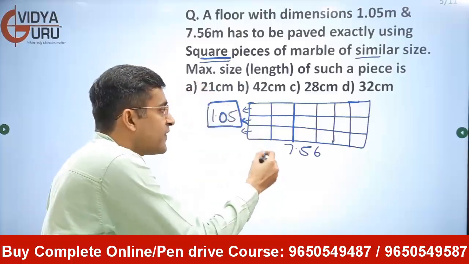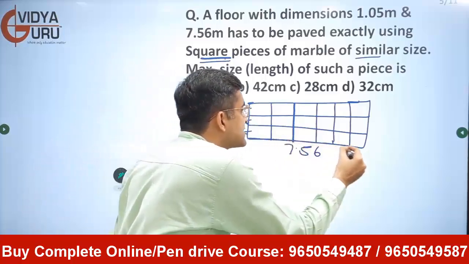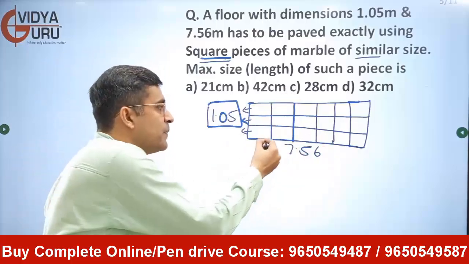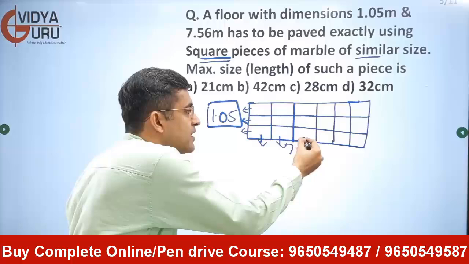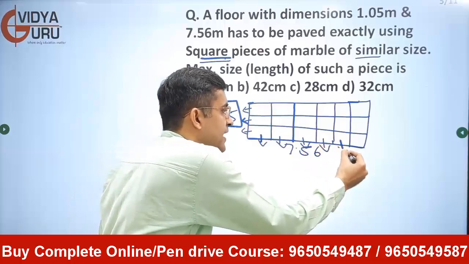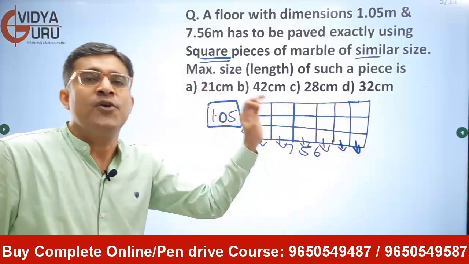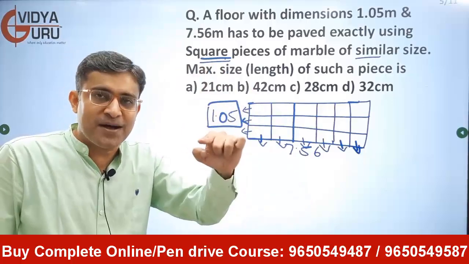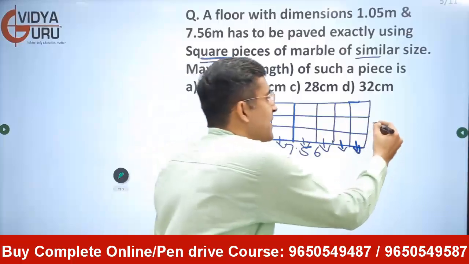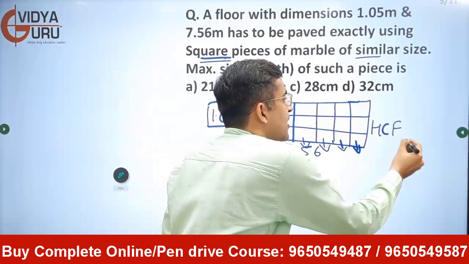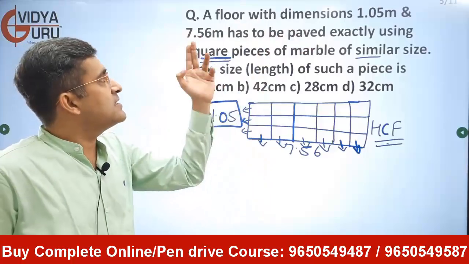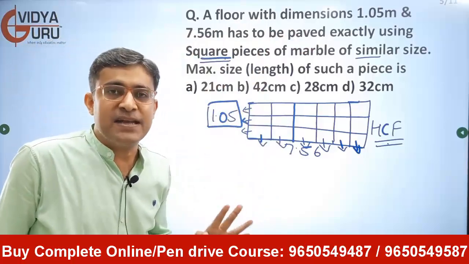Even 7.56, the other dimension, should be completely divisible by this side of the square. That means you have to think of the biggest number which is a common factor of 1.05 meters and 7.56 meters.